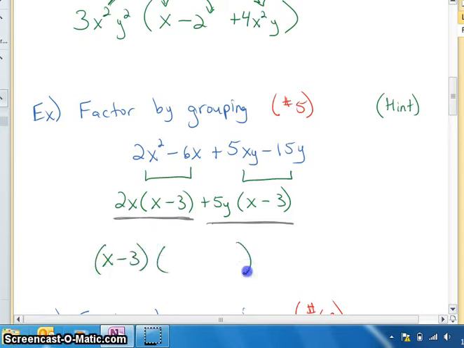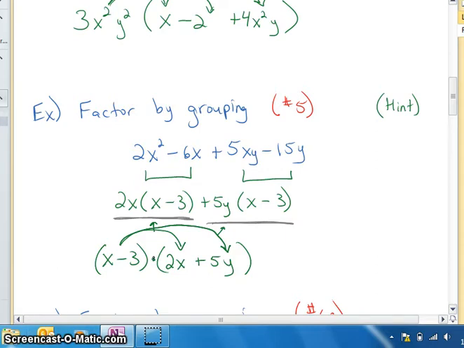So then I'm thinking, what do I have to multiply x minus 3 by to get 2x times x minus 3? Well, I have to multiply it by 2x. And then what do I have to multiply x minus 3 by to get 5y times x minus 3? Well, that's a 5y. So this 4-term polynomial became factored as a binomial times a binomial.